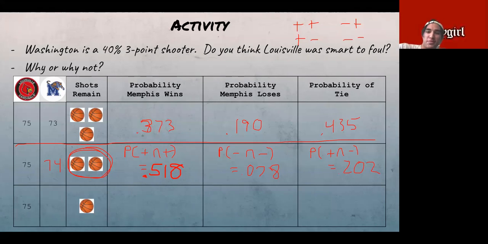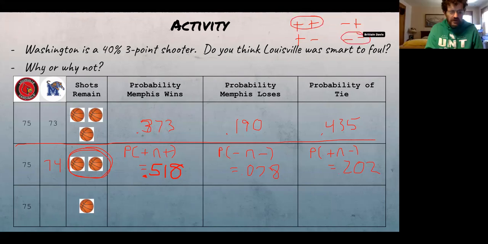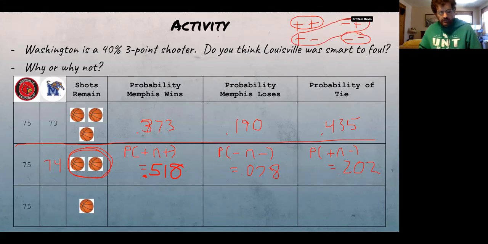One. There you go. So there's victory, there's loss. That means we've got 2 paths to tying, making the first, making the second, and missing the other, meaning either making the first or the second, but not the other. So there we go. We can double that. So 0.404, something like that. So we're in the ballpark. That should be good for our probability. Okay, just some good probability practice.